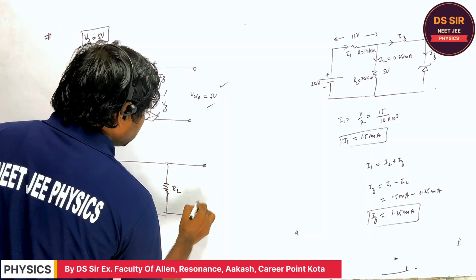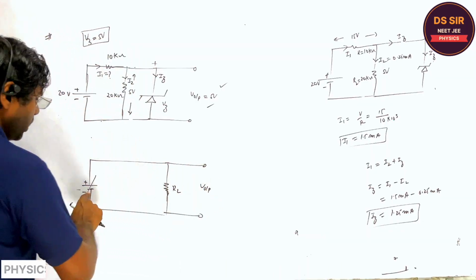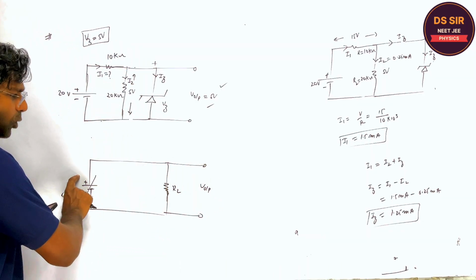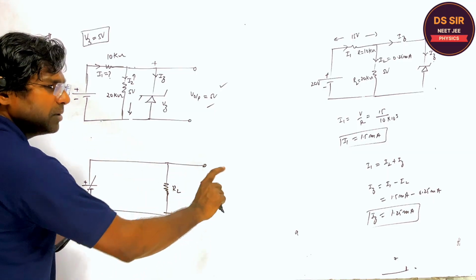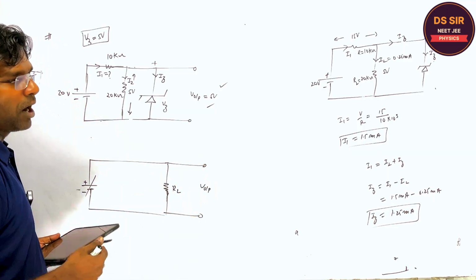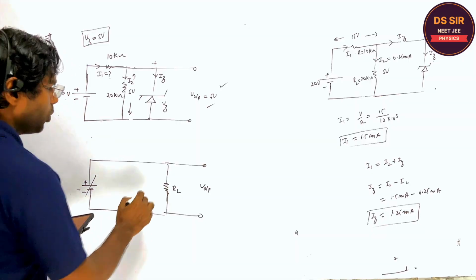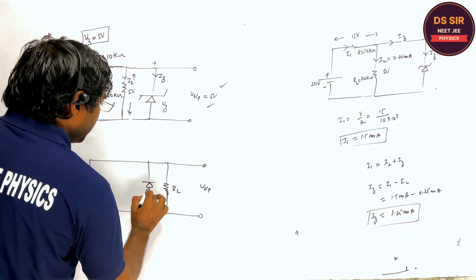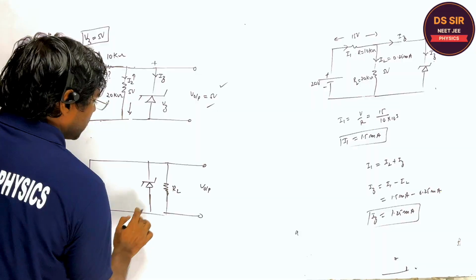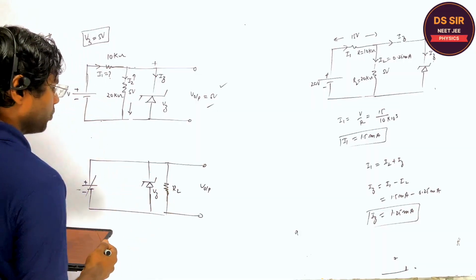So if the input power supply is fluctuating, the output voltage you get will fluctuate. To fix this voltage, we will add a Zener diode. So this is the Zener diode. Are you getting or not?